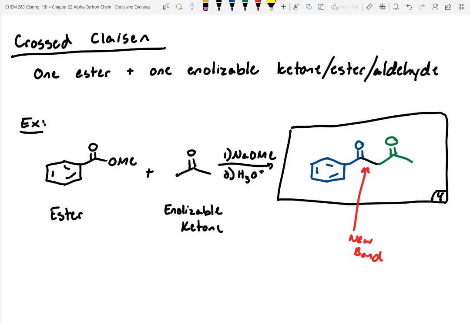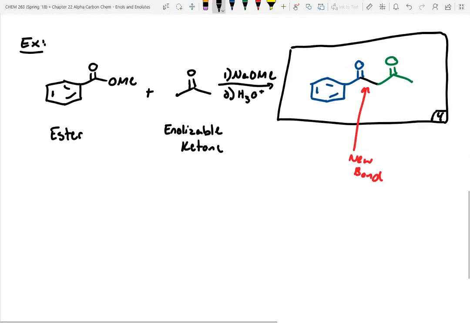So in this example, we only had one starting material that had alpha protons. Just like with aldols, you might run into situations where both of them have alpha protons. And the same trick applies, but let's reiterate it.